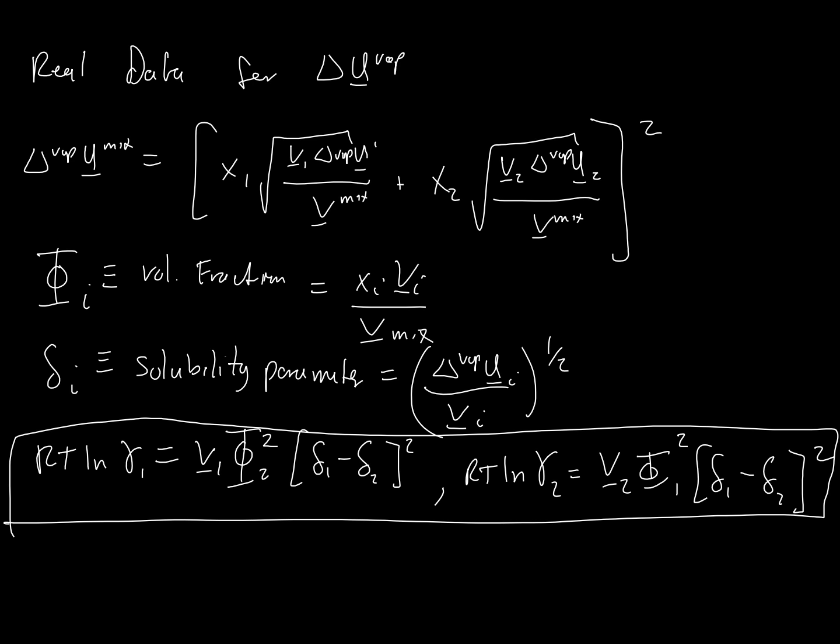So what this tells us is that our activity coefficient will go to 1 if the solubility parameter of component 1 is equal to the same thing as the solubility parameter of component 2. So this is a very common first pass approximation mixing sort of model.